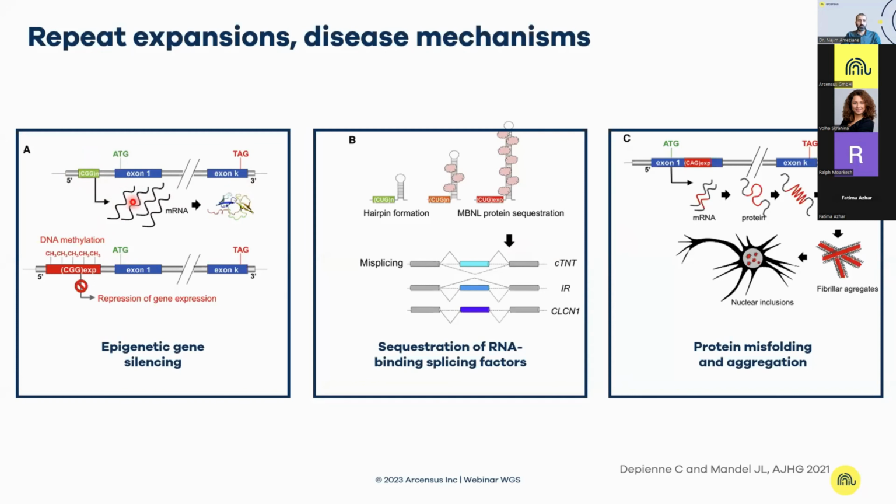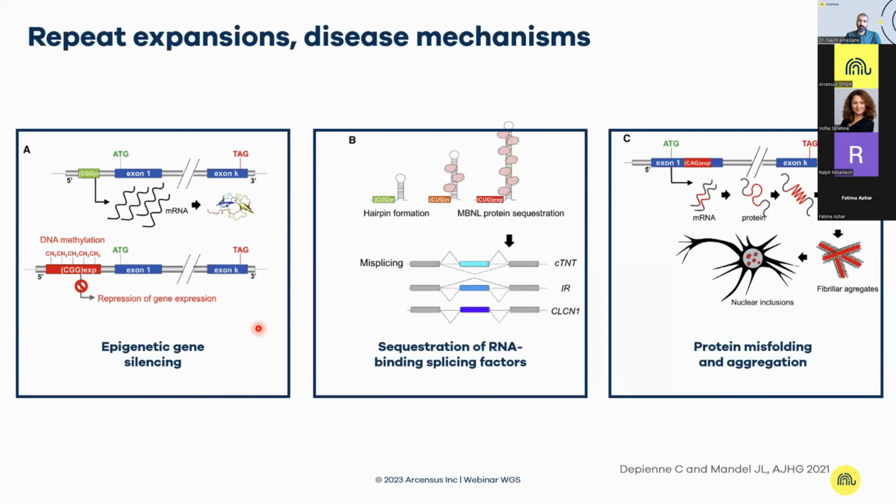So the expression takes place and you have a normally functioning protein. However, when there is a repeat expansion, usually this can cause hypermethylation of this promoter region, which will eventually result in the repression of gene expression. So this is a phenomenon that is called epigenetic gene silencing.